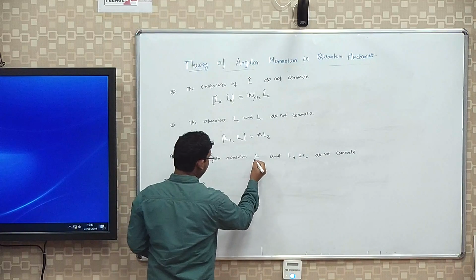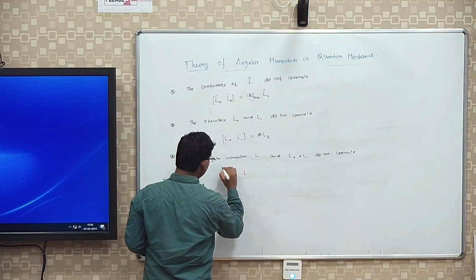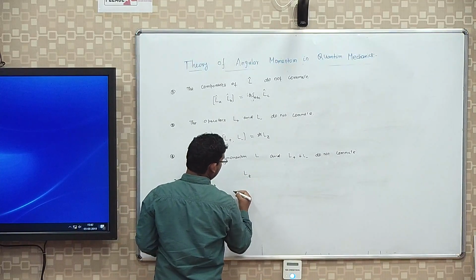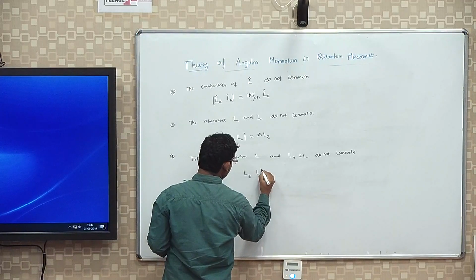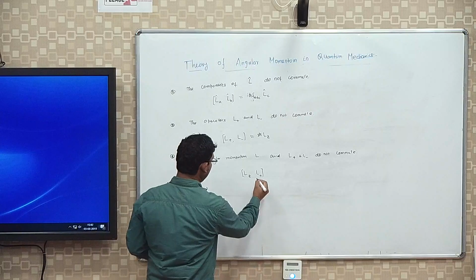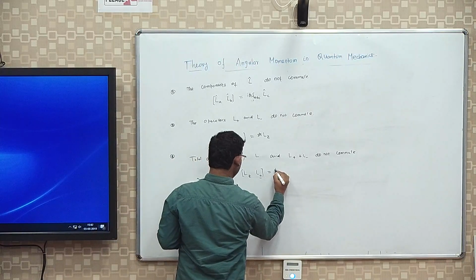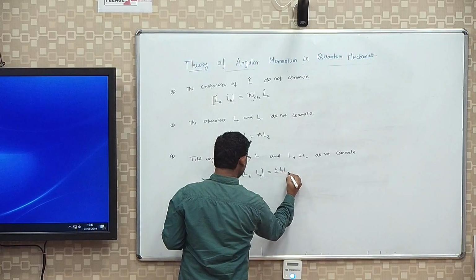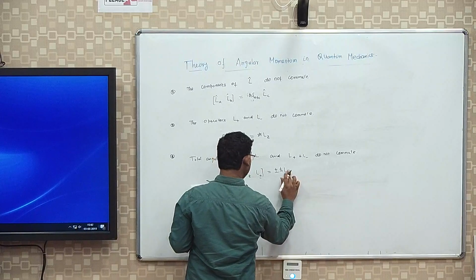For example, for the angular momentum in the z direction, taking L plus or minus, it will be plus or minus h cross L plus or minus.